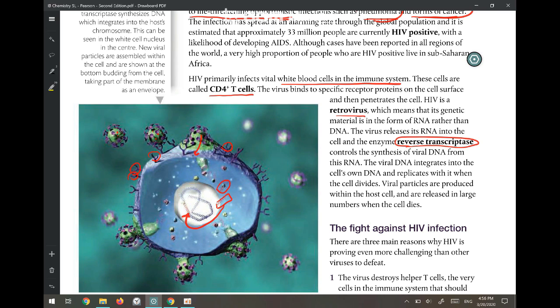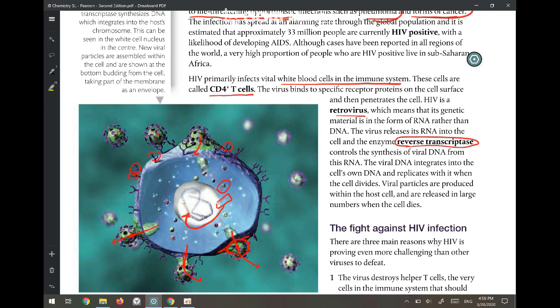During this process, a lot of viruses are made inside the cell, and finally they go out from the cell and take some part of the cell with themselves, as the envelope of the virus. So the last step is releasing the virus from the cell, and these viruses can go and damage other CD4 plus T cells.